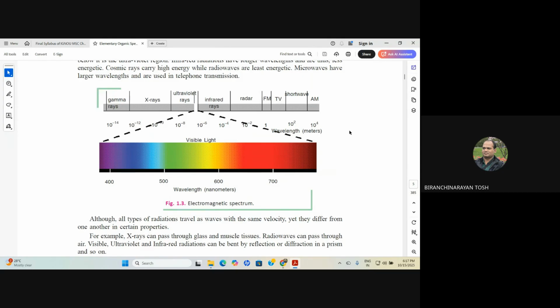So it will absorb or emit one quantum, two quanta, three quanta, four quanta, like this. A fraction of a quantum cannot be emitted or absorbed.